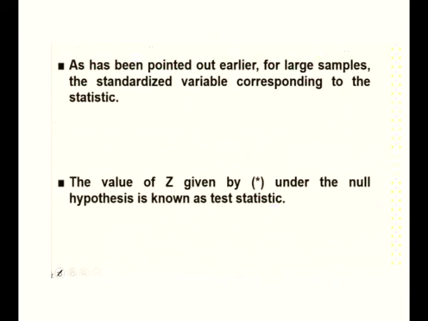As been pointed out earlier, for large samples the standard variable corresponding to the statistic will be Z alpha, and the value of Z alpha is equal to t minus E of t by standard error of t. The value of Z given by this star under the null hypothesis is known as test statistic.